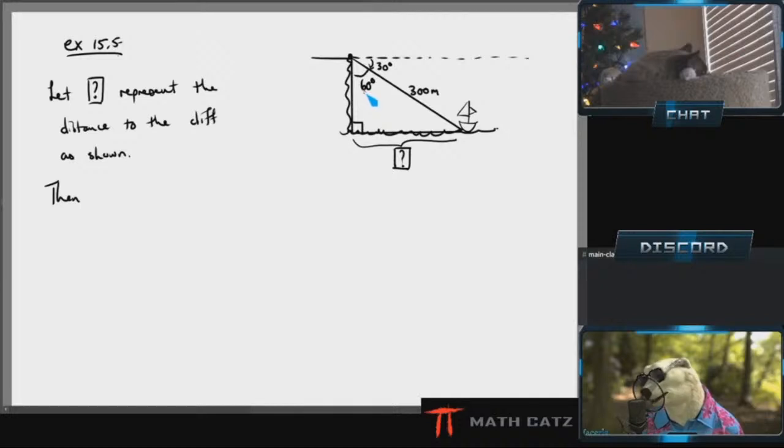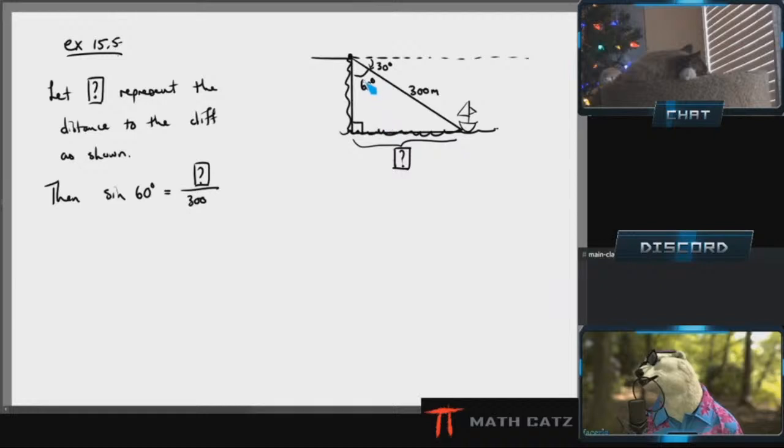So then, based on this 60-degree angle, the interior angle, I have an opposite edge and the hypotenuse. So that means I'm going to use the sine function, sine of 60 degrees. It equals opposite, and its length is represented by question mark in a box, over hypotenuse.